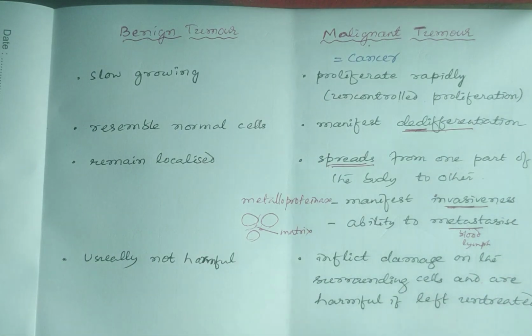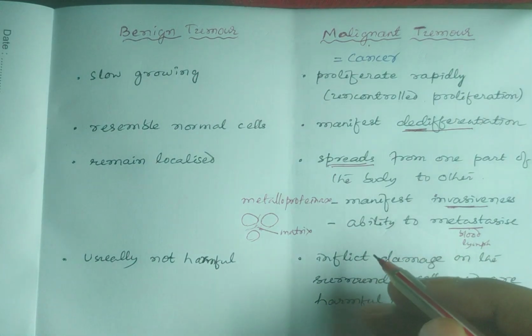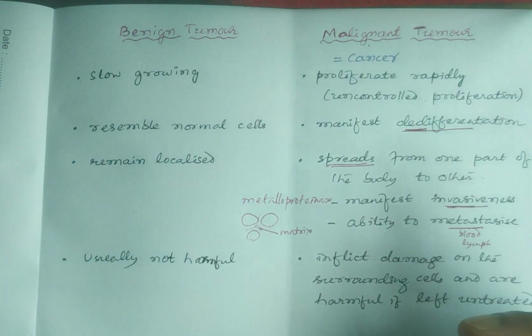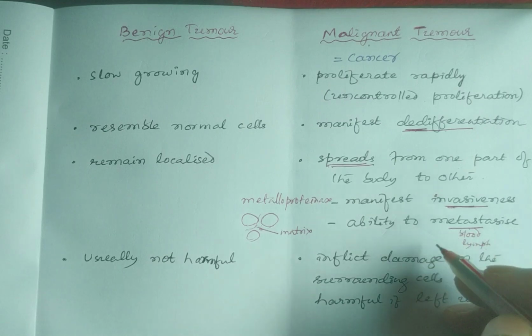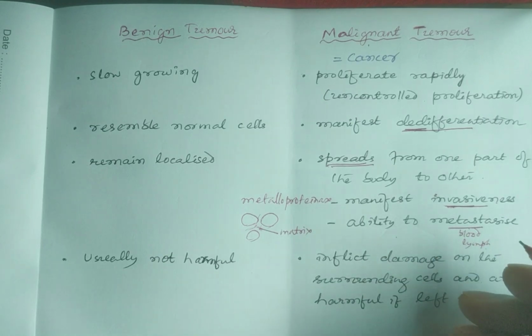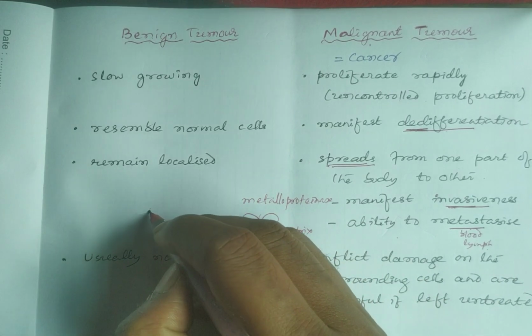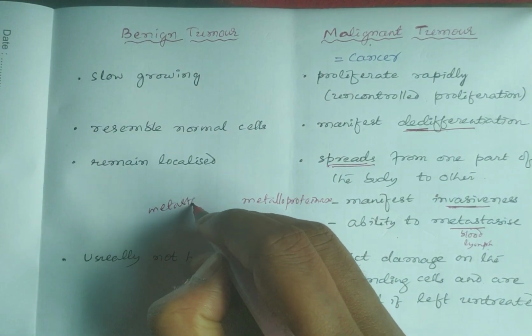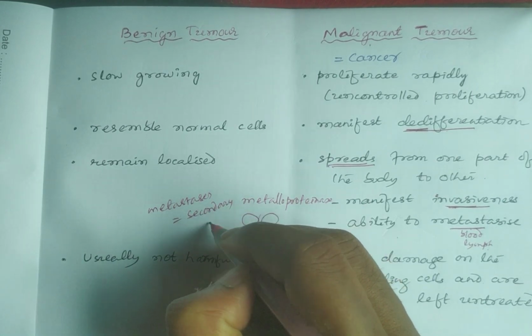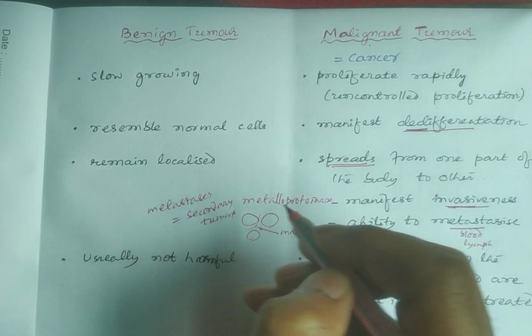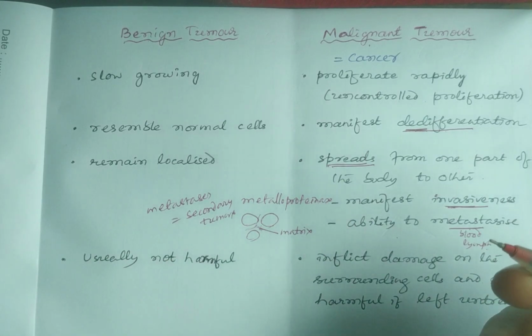For example, say one tumor is there in the bone, say in the femur. From the femur, if it goes to the lungs, that means it has to be carried through either blood or lymph, and that process is called metastasis. And metastases are the secondary tumors, and because of these secondary tumors spreading to other parts, there will be development of malignancy in other areas.